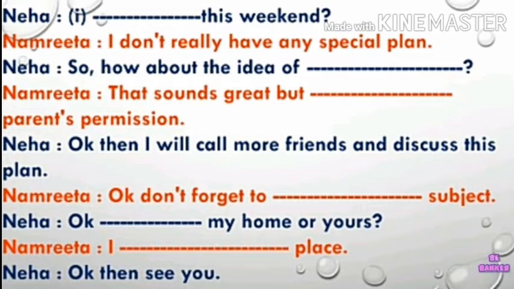Neha says, so how about the idea of blank? Here you have to put in any idea. According to the question you have to find out what you will write in this blank to make it appropriate. Namrita: that sounds great, but dash, parents' permission. Remember that the idea you are writing here should be relevant and related to the question. Here in the question it is already given that they are planning to study for the weekend.